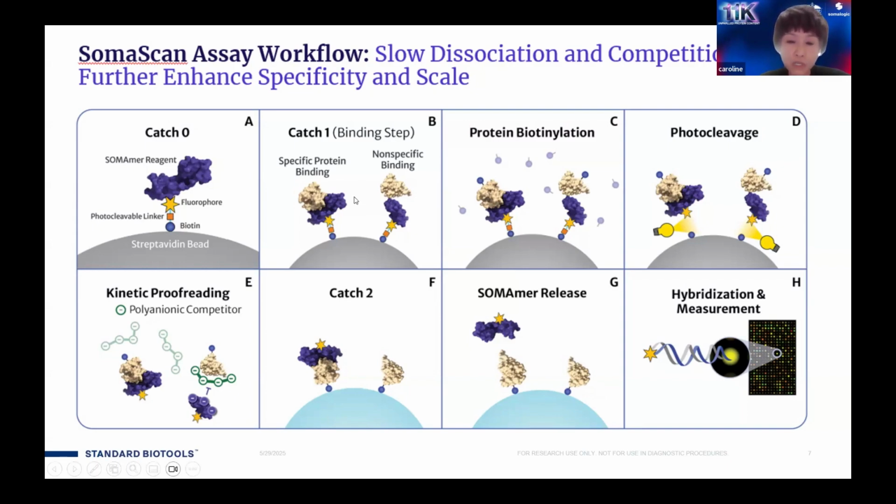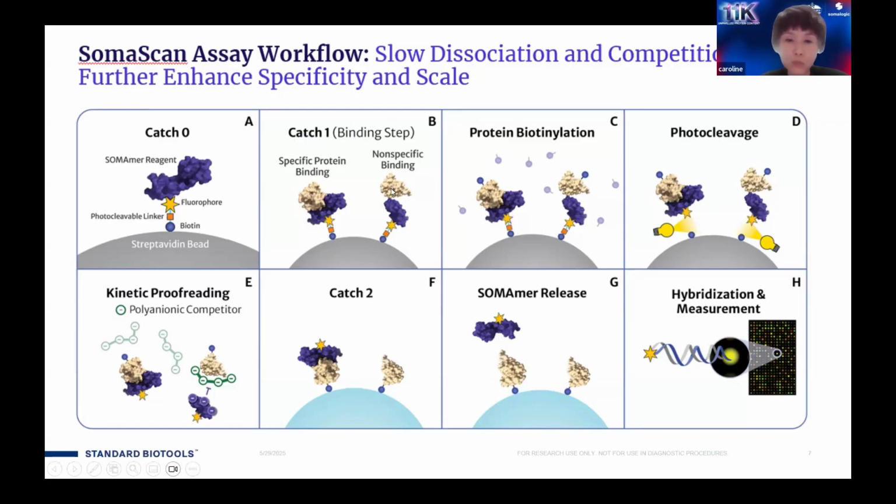So in image B, upon binding of the samples with the SOMAmer reagent, you see that there are specific protein binding that happens, and because we selected for this slow off rate DNA aptamers and with high binding affinity to its protein target, it sticks together with the protein targets for a very long time.